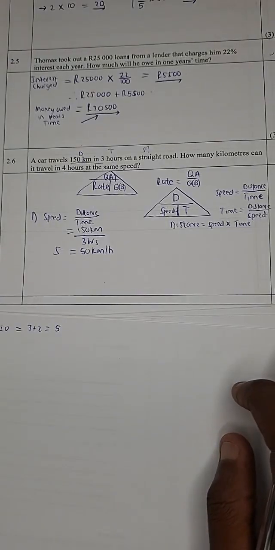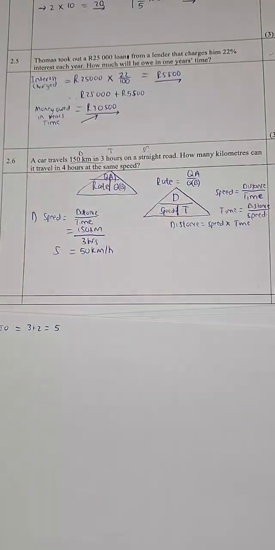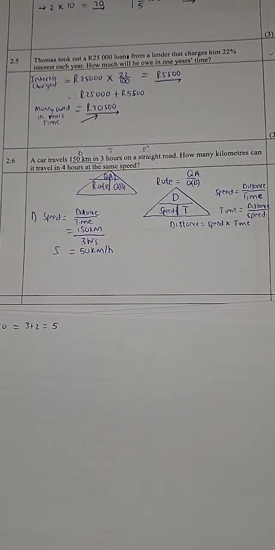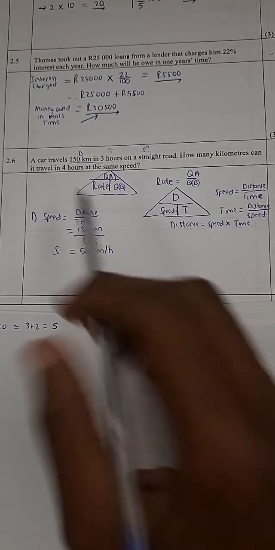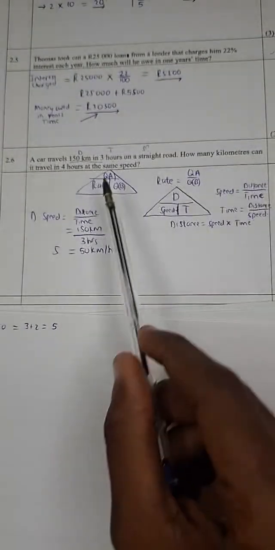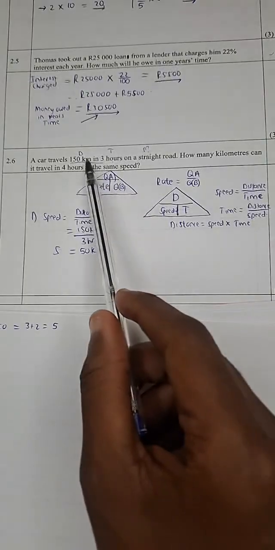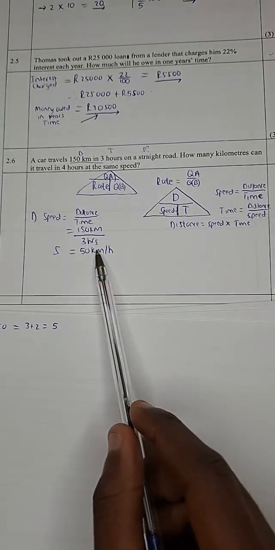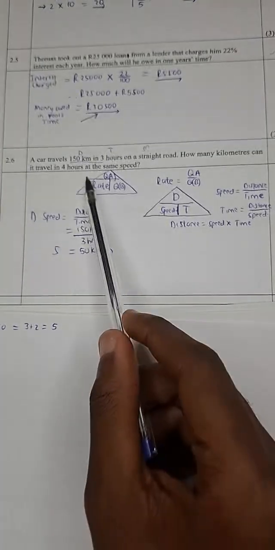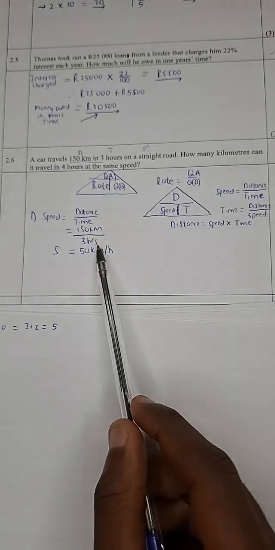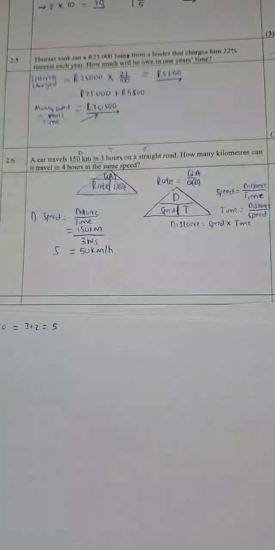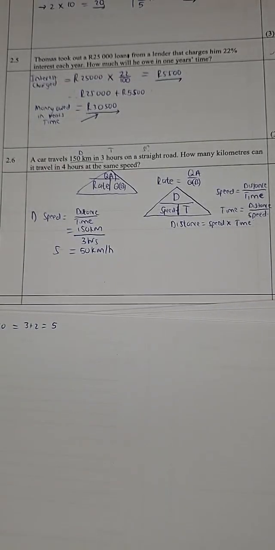That's where we start, and there are marks that we get just for that, because we need to show our steps towards getting to the answer. So a car travels 150 kilometers in 3 hours on a straight road. From this, we need to find the speed. The speed at which this car is traveling is 50 kilometers per hour because we know its distance and the time it has taken.